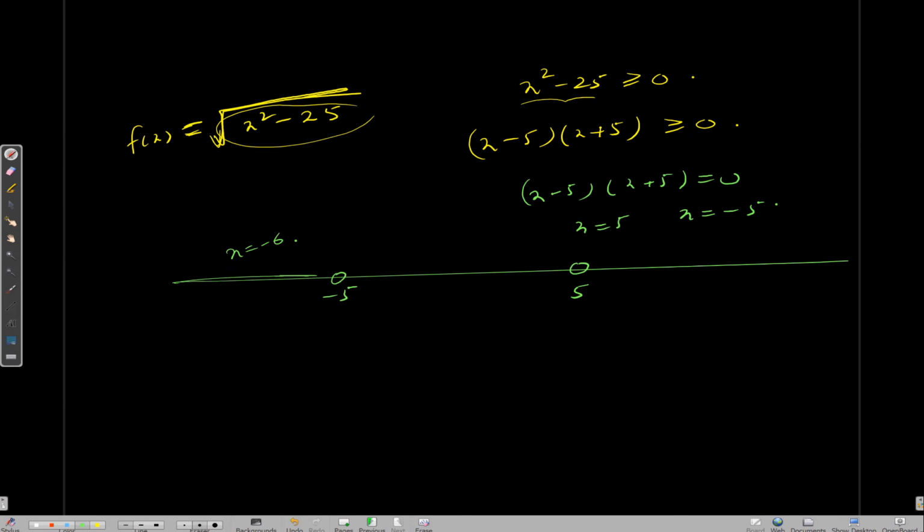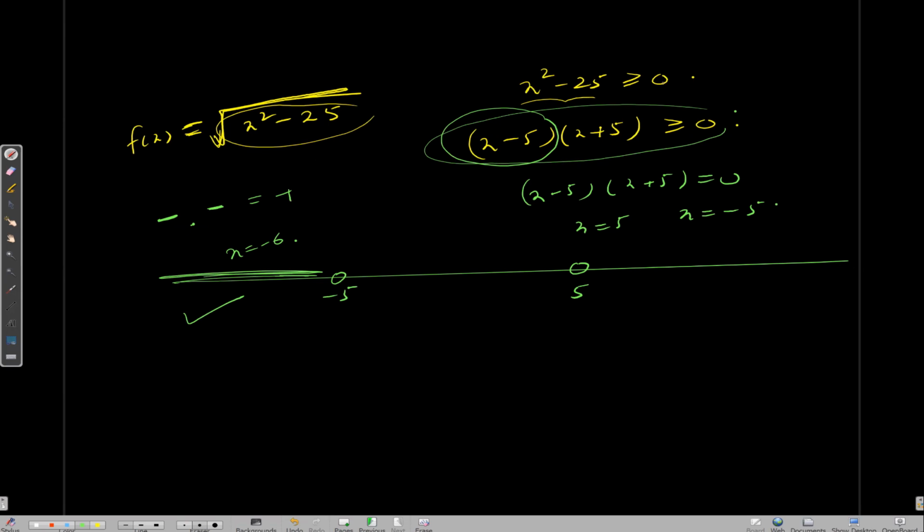When I put negative 6 in, negative 6 minus 5 is negative 11, so it's a negative number. That's all that matters. And x plus 5, negative 6 plus 5, is still negative, negative 1. Negative times negative is positive. So this region is okay because I need it to be positive.